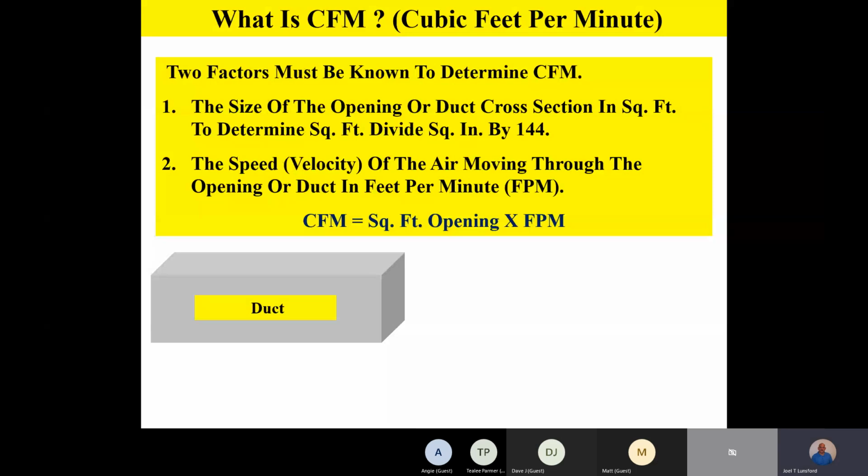All right, so we take 1.4 square foot of that 16-inch round duct. We find the velocity of the air just like we did before. In this example, we have a velocity of 725 feet per minute. We then multiply 725 feet per minute times the square foot cross section of that 16-inch duct, which happens to be 1.40 square feet, and that gives us the actual CFM we're moving through that 16-inch round duct.